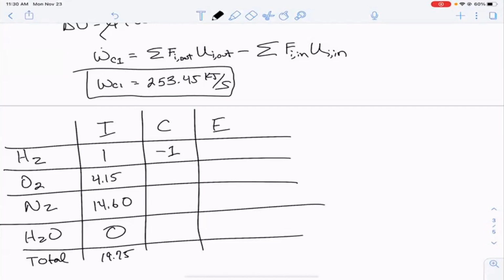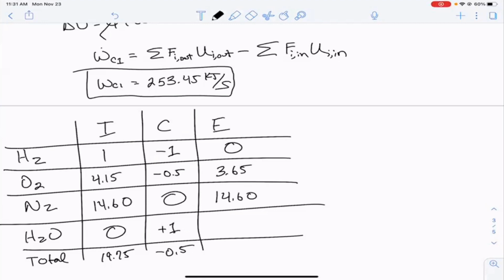So we know that's -1, because we're going to fully combust the hydrogen. And so the stoichiometry for that is -0.5. No nitrogen reacts, and we're going to make 1 water. So we lose a half overall. And so we have no hydrogen left at the end, 3.65 moles per second of oxygen, 14.6 for nitrogen, 1 water, which gives us 19.25 moles per second at the end.